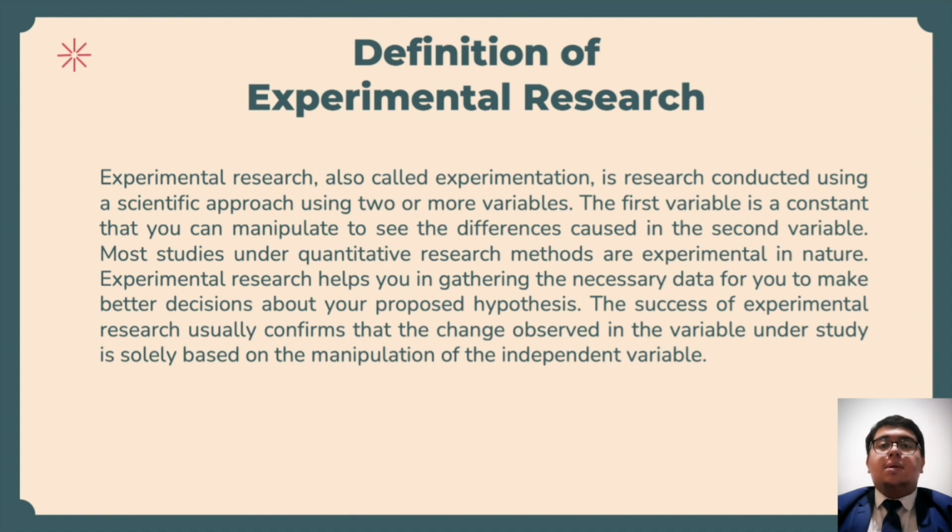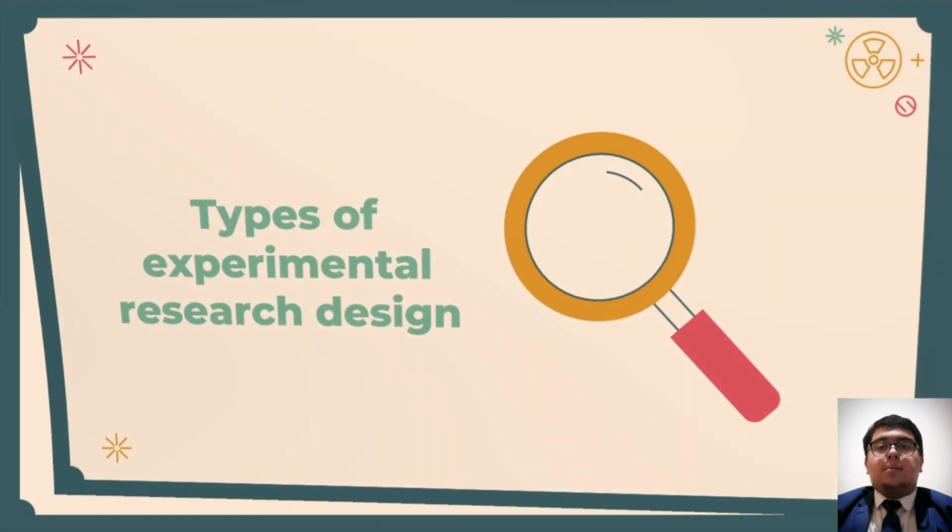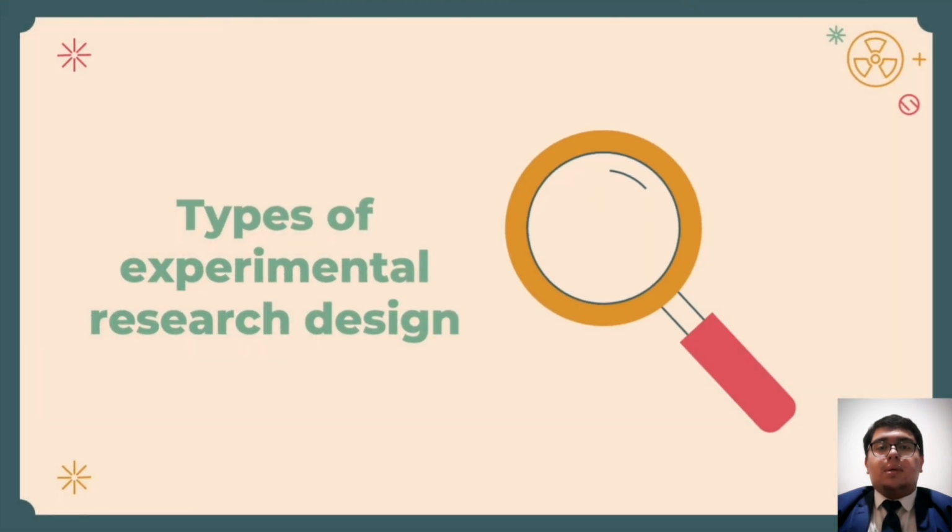First is the true experimental research design, and the other one is the quasi-experimental research design. Our experimental design is determined by the way we classify our research condition and the group. So in the next slide, we will learn the definition of the two experimental research designs.